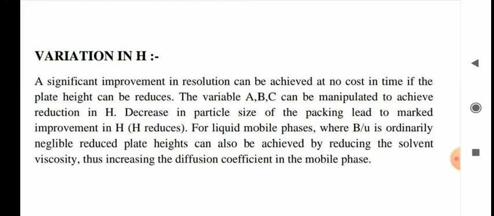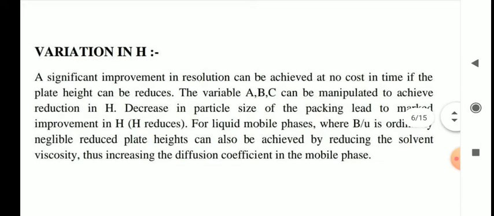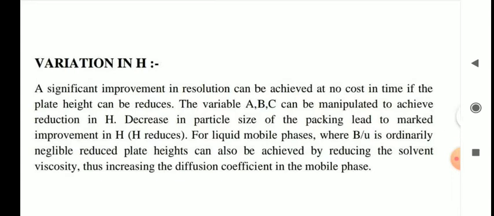Then for reducing the b by u term, you have to increase the flow rate. That you can do only for gas chromatography. For liquid chromatography, that term is not very significant. B is very small, it's almost zero.